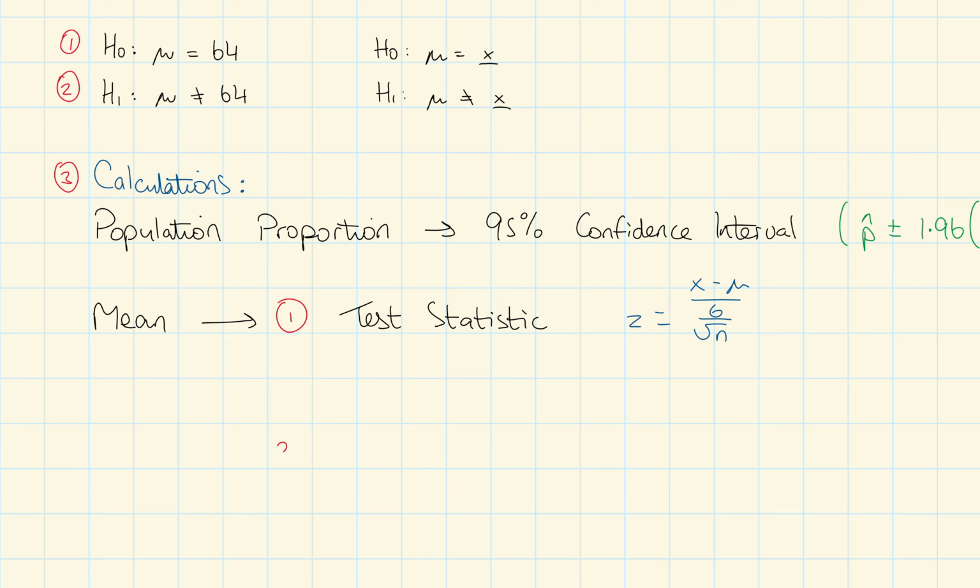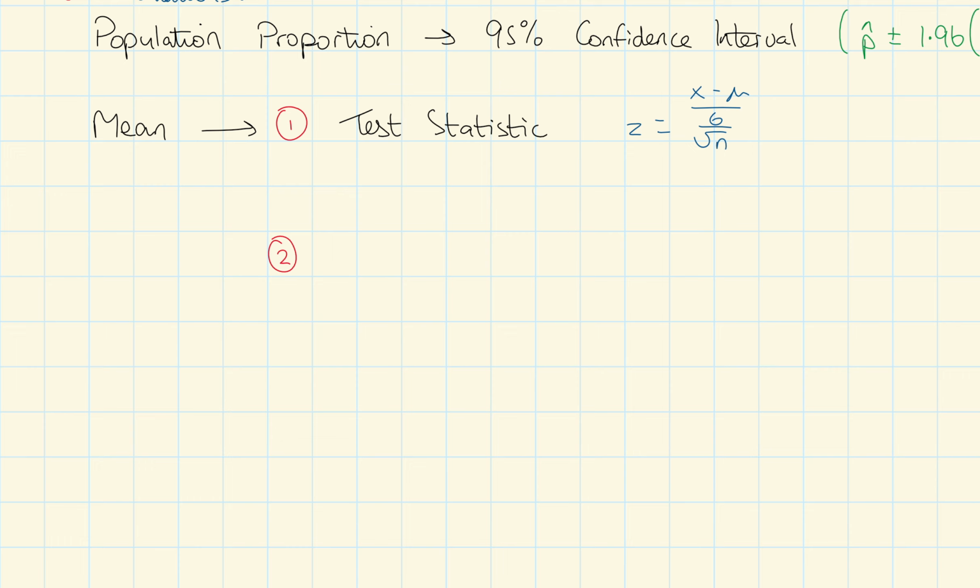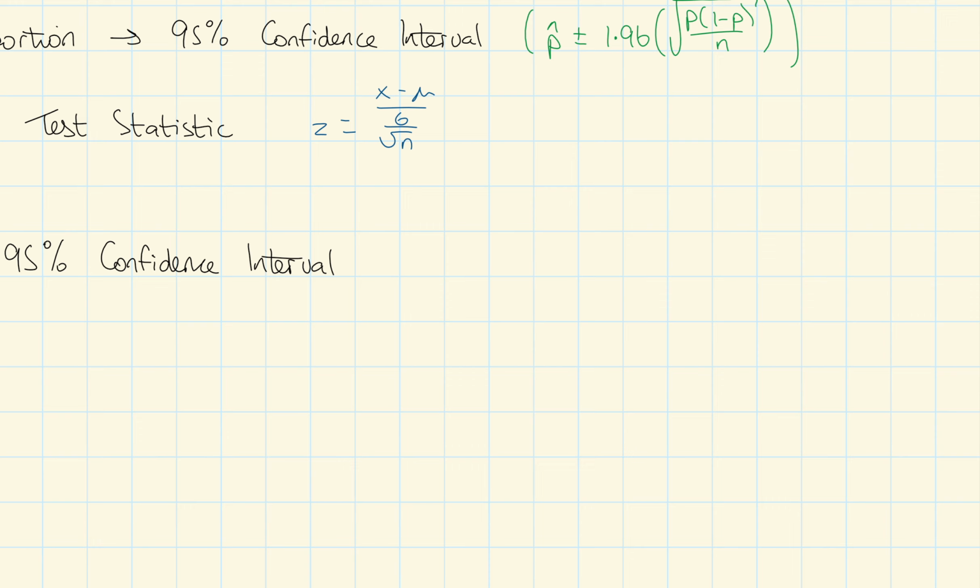And then your second option is going to be your 95% interval, and for that, our formula then, which we've covered in previous videos, is going to be your x bar plus or minus 1.96 times sigma over root n.